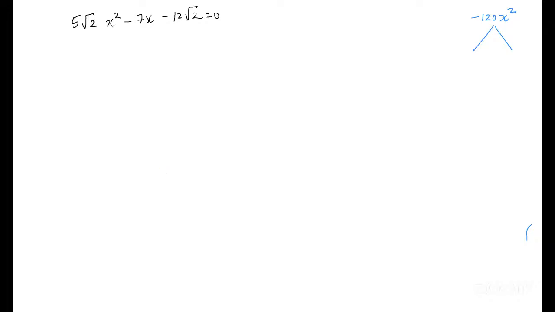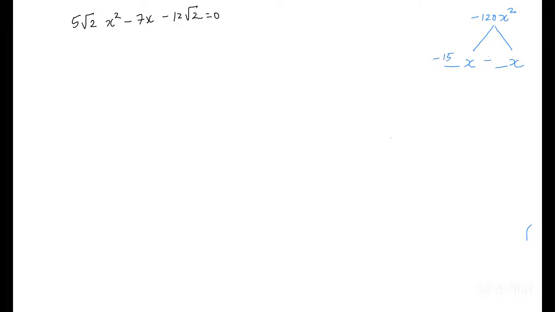So now when you multiply it, we want factors for minus 7 in the middle. Can you tell me the factors, please? Minus 15 and plus 8. Yeah, good. So minus 15 and plus 8.